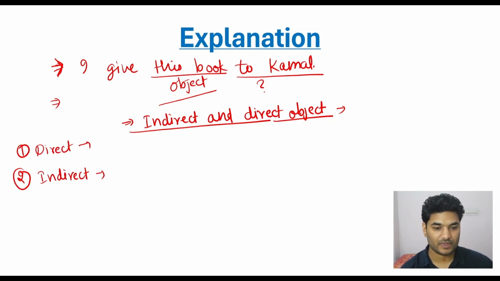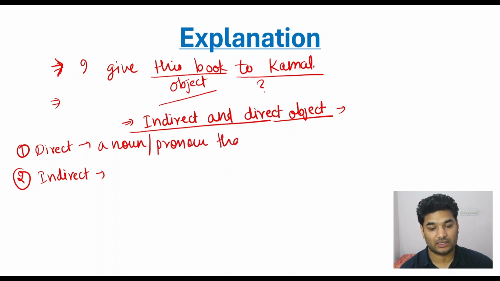Direct object is a noun or a pronoun that receives the action of the verb.